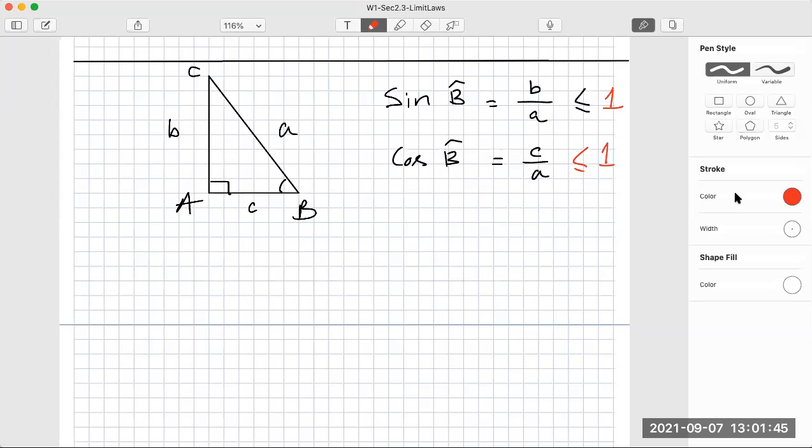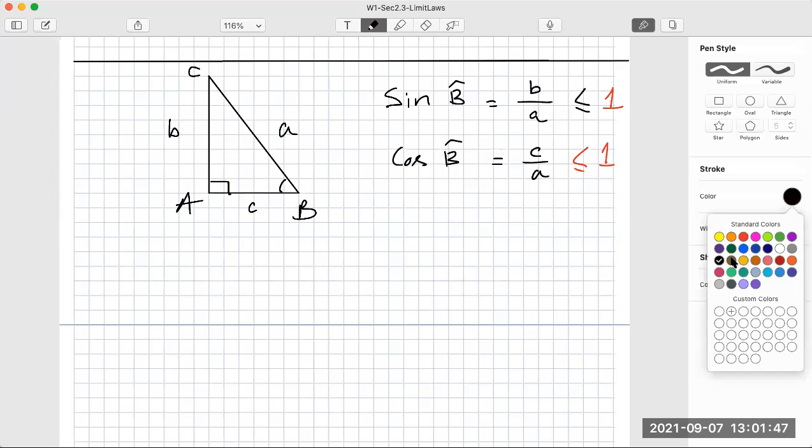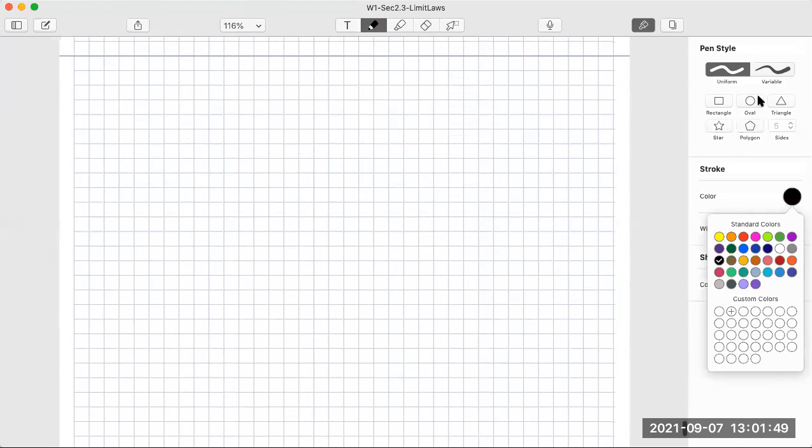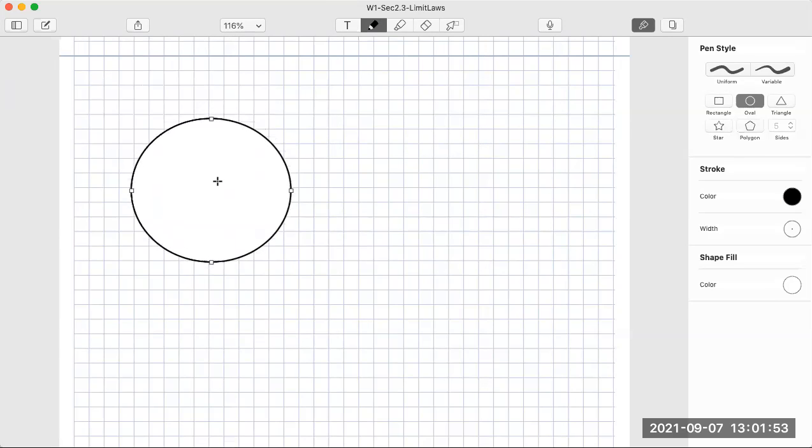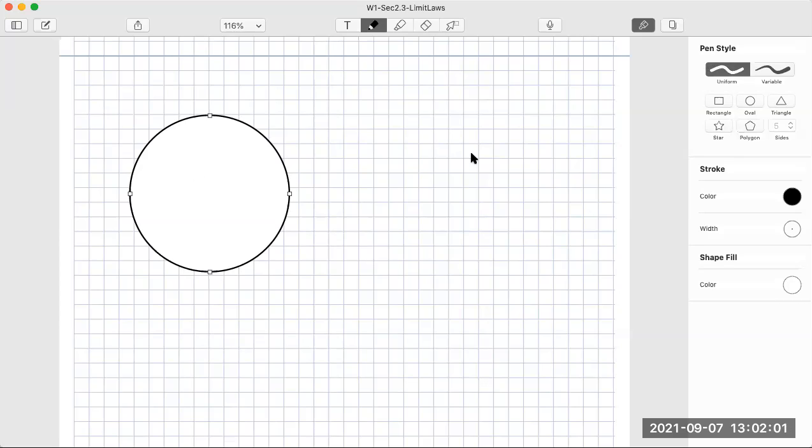Okay, very good. And if you don't remember, we can talk about it right now. So here, the unit circle. It is a very important concept.